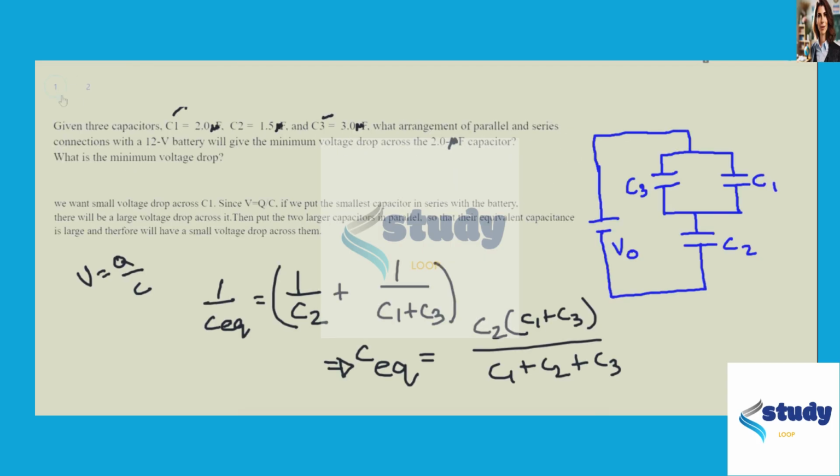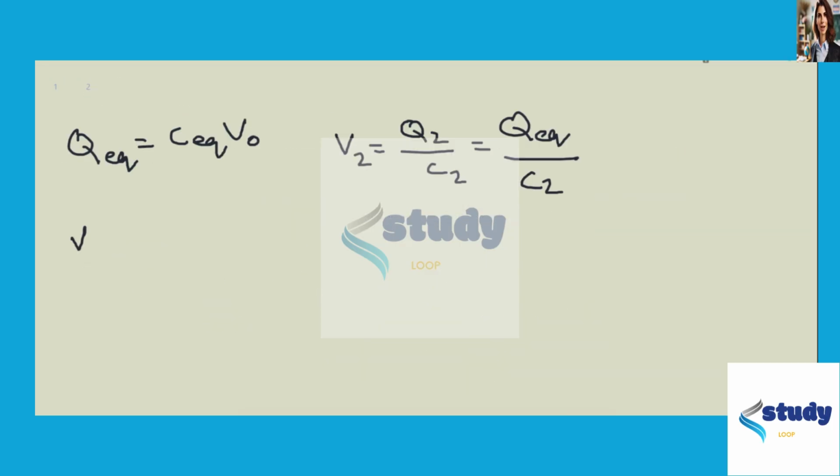And we can say that V1 is the voltage drop, the desired voltage drop that we want. If V2 is the voltage drop across C2, that means V1 should be equal to the total voltage minus the voltage drop across C2.